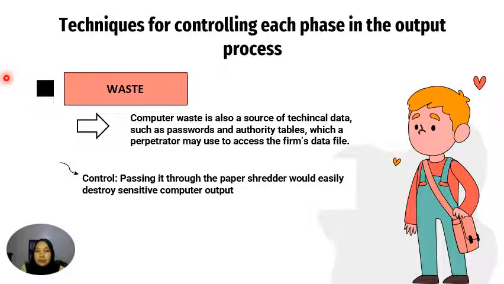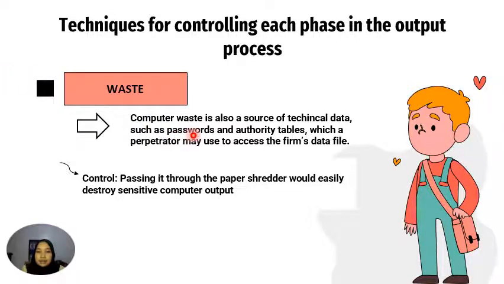Computer criminals have been known to sift through trash cans searching for carelessly discarded output that is presumed by others to be of no value. From such trash, computer criminals may obtain a key piece of information about the firm's market research, the credit ratings of its customers, or even trade secrets that they can sell to a competitor.